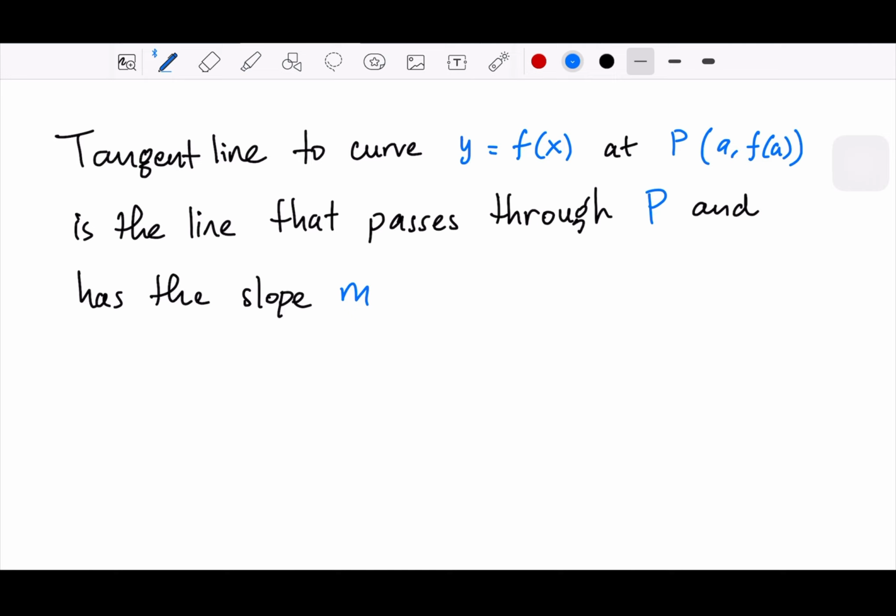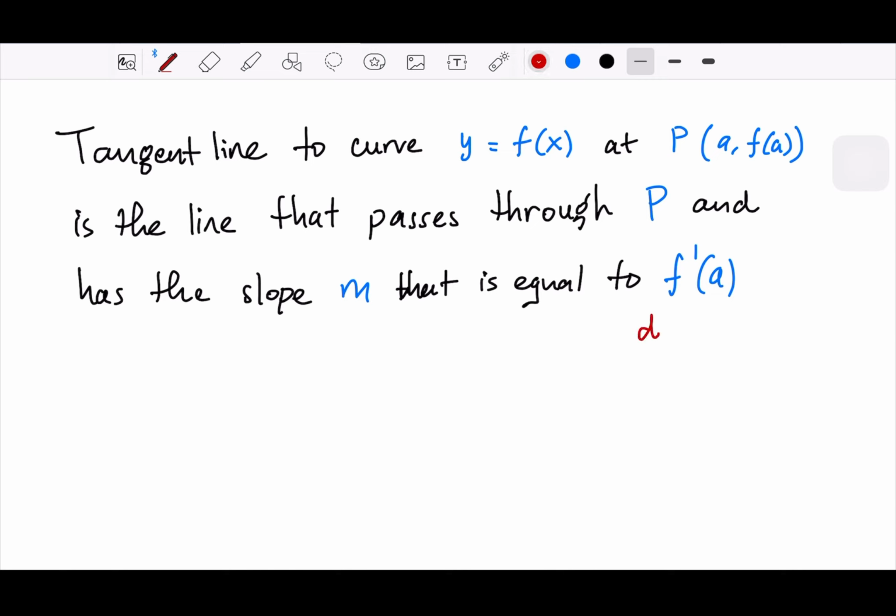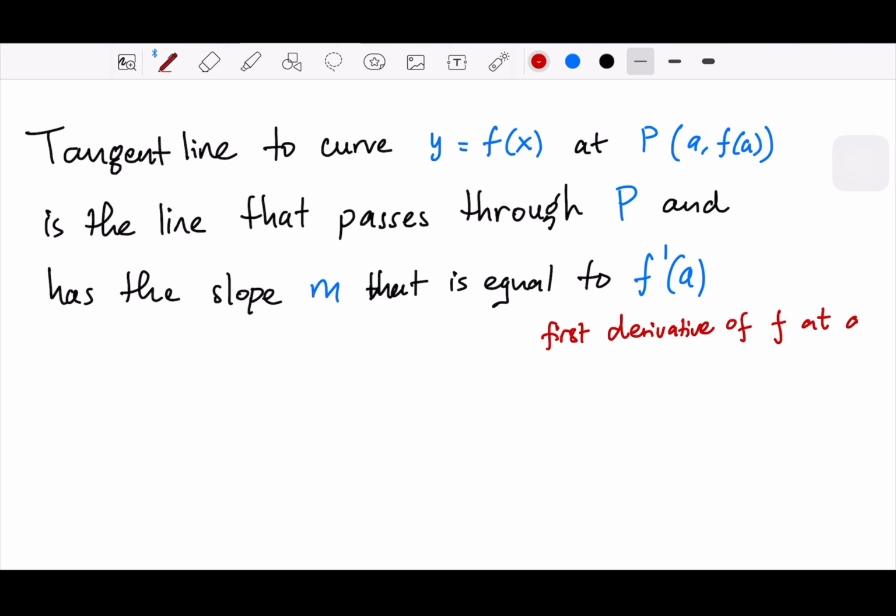Which means, because we have the slope m, we can also say that m is equal to f prime a. Or we call this the first derivative of f at a.